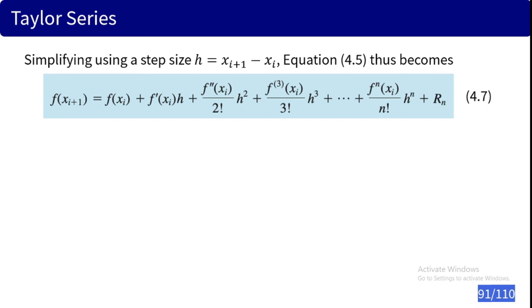With equation 4.7, this is the expression you will usually or almost always see for the Taylor series. This is a convenient expression since it involves the step size or interval, instead of the bigger, bulkier term we used, which we replace with the variable h.